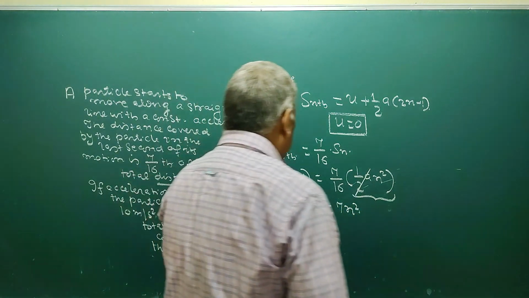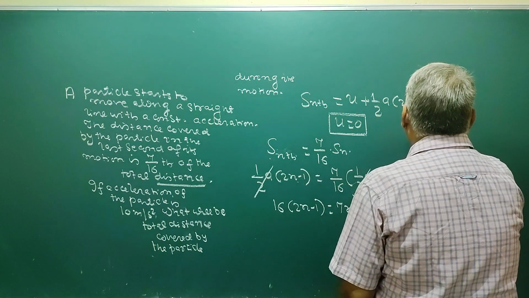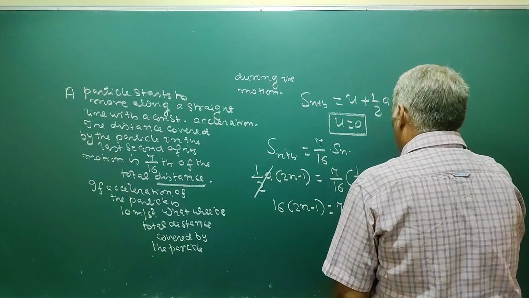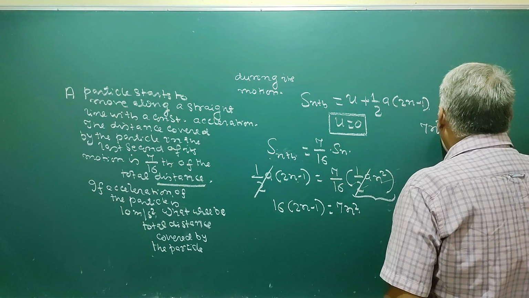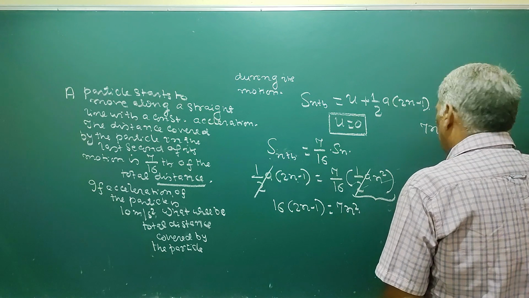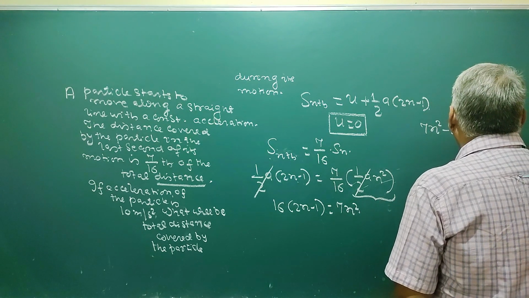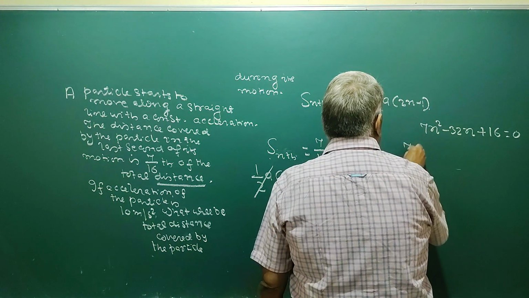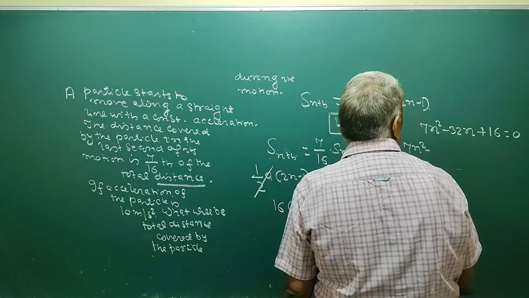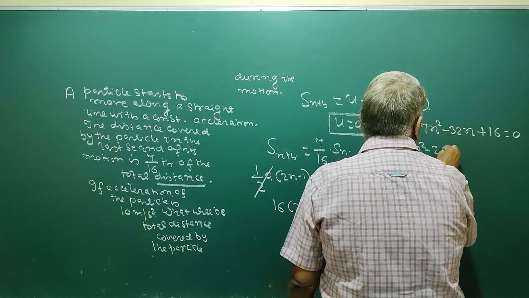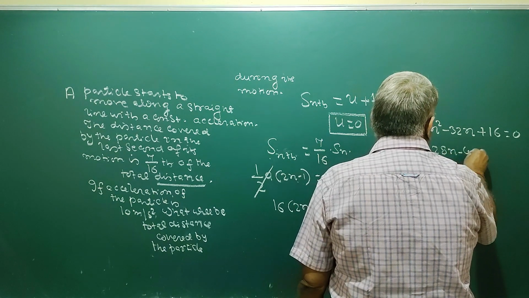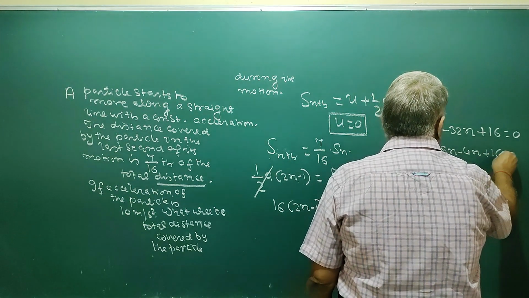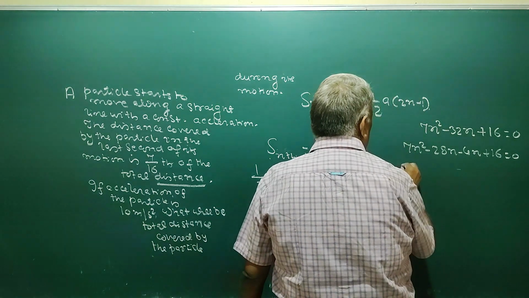You will get this quadratic equation: 7n square minus 32n plus 16. Let us factorize this. 7n square minus 28n minus 4n plus 16 is equal to 0.